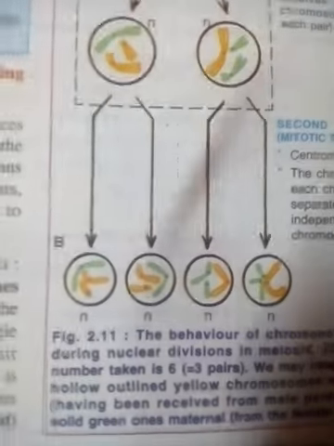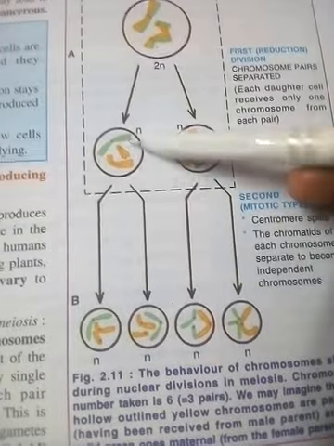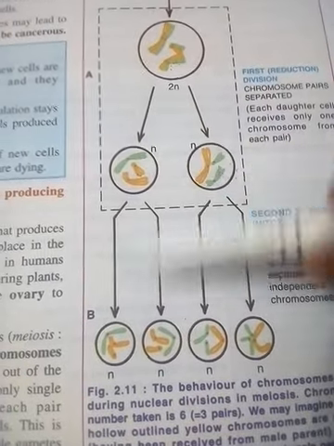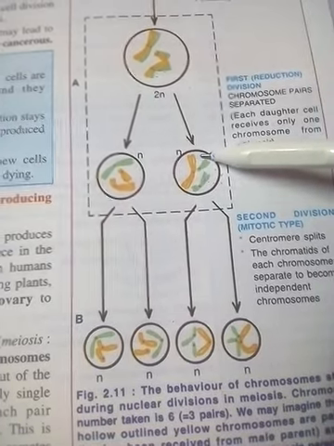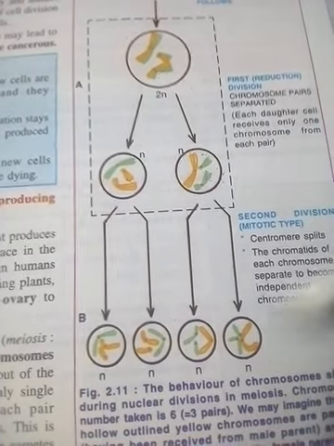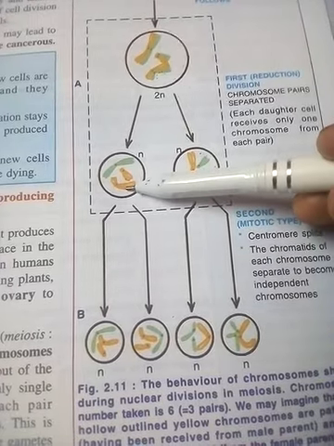And meiosis 2, the last step, is just similar to mitosis cell division. In meiosis 2, from each parental cell 2 daughter cells are formed, but the chromosome number remains the same as the parental cell.